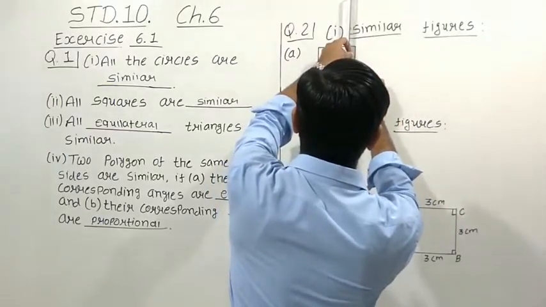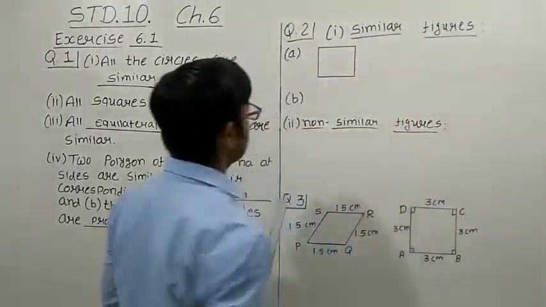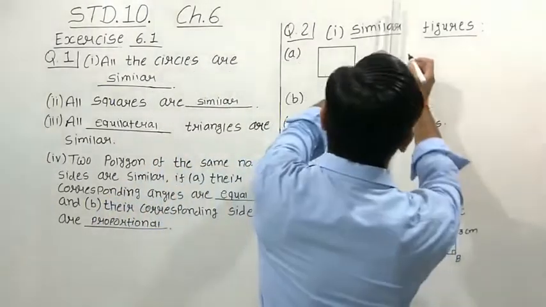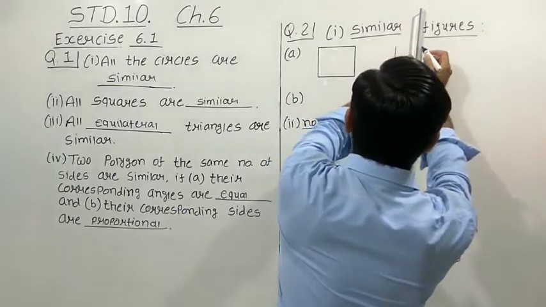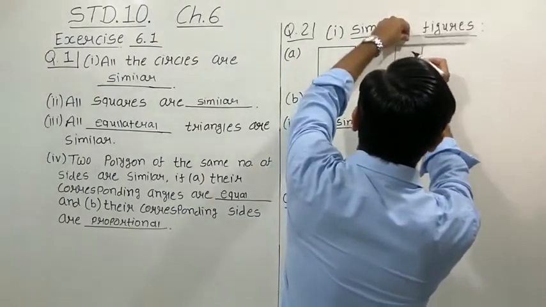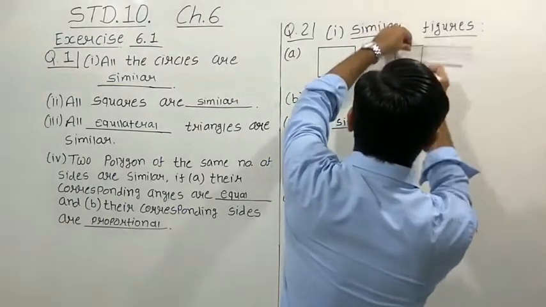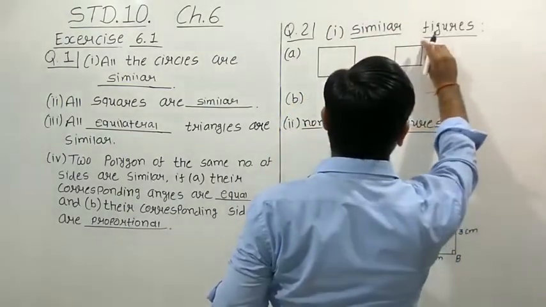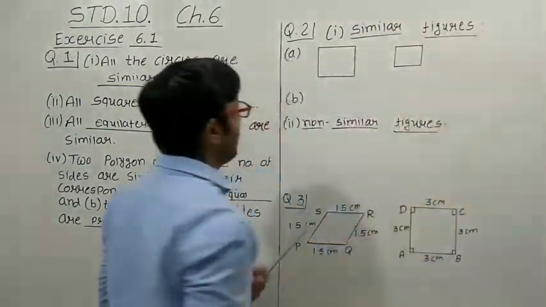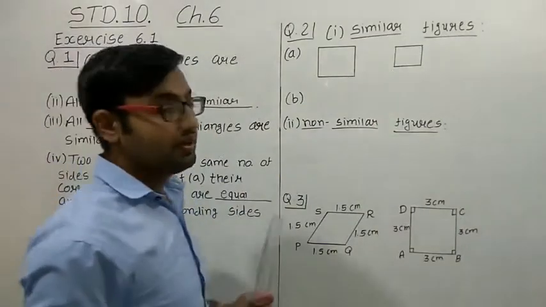Let us take a rectangle, and then draw another rectangle of smaller size than the previously drawn one. So this is one pair of two similar figures.